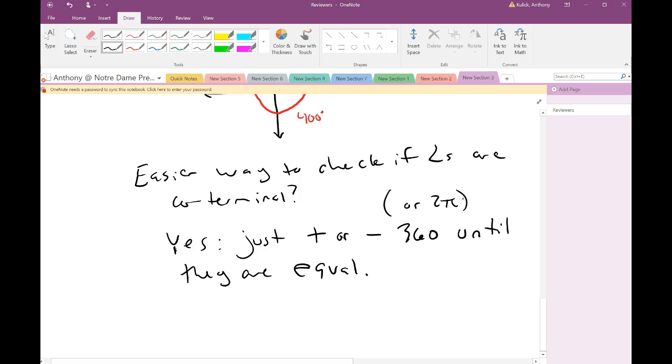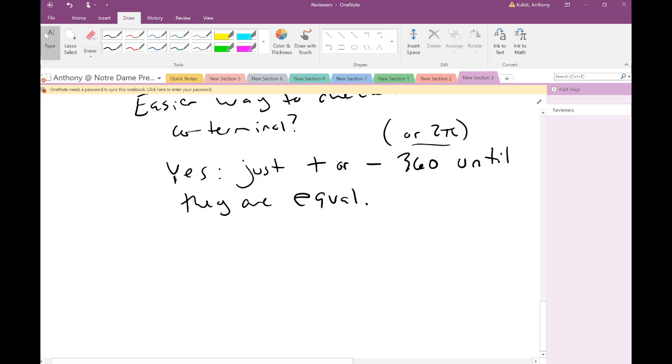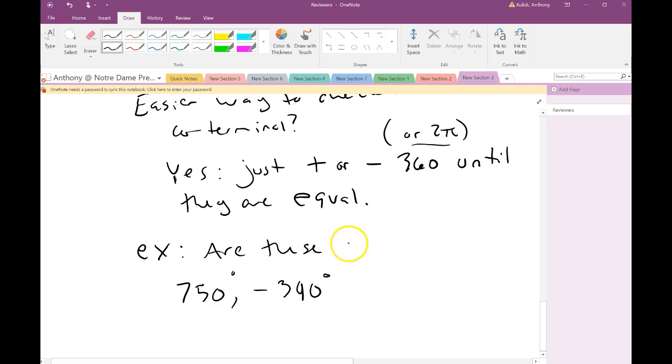We can just add or subtract 360 and keep doing that until the two things are equal. Or if you're working in radians, it would be 2 pi. So for example, maybe we want to check to see if 750 and negative 390 are coterminal.